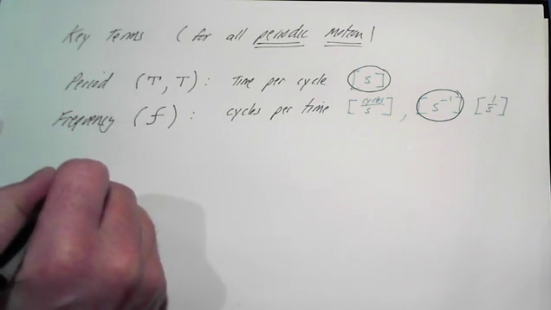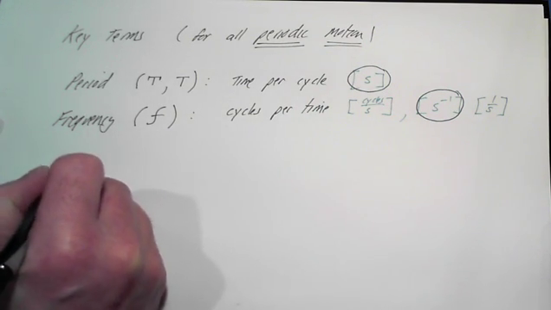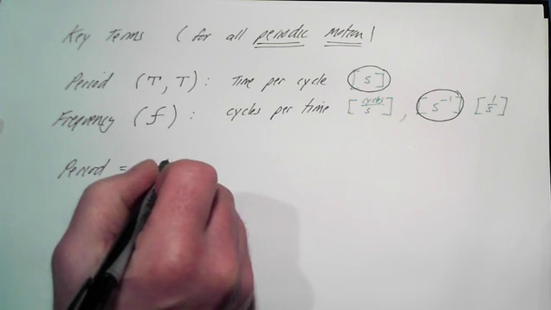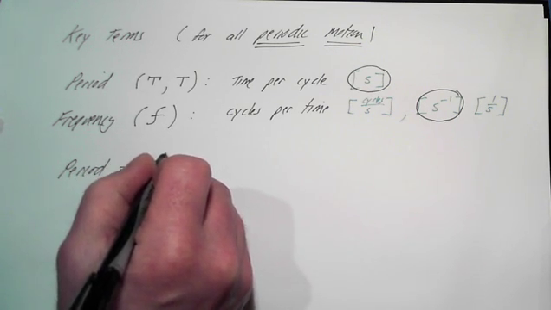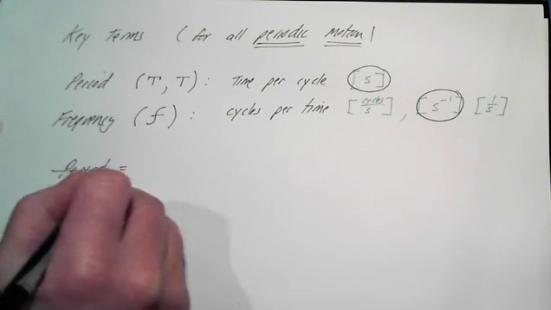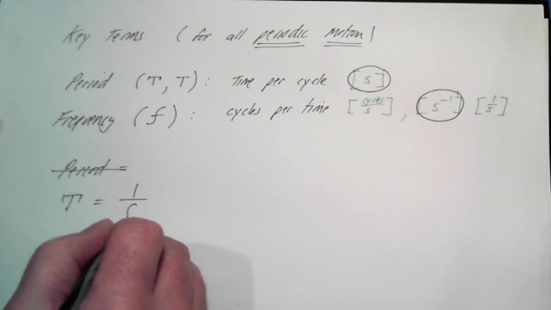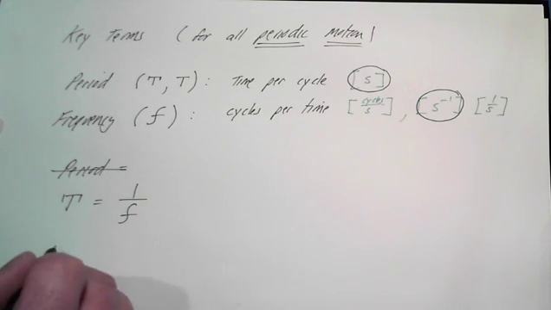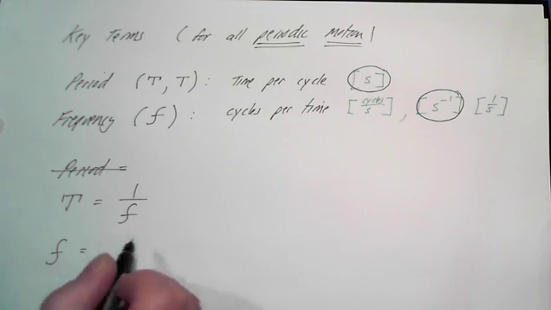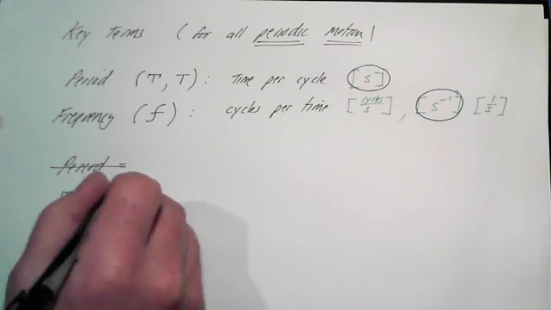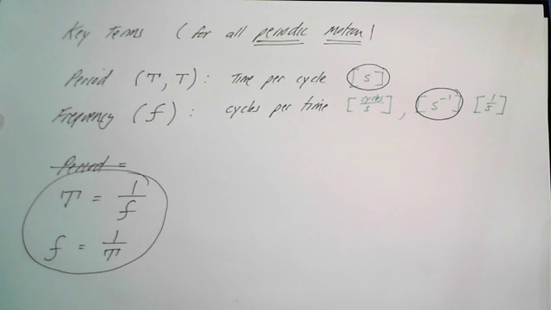And so of course we're going to see that if we have the period, the period is equal to 1 over the frequency, and the frequency is equal to 1 over the period. So they are the inverse of each other.